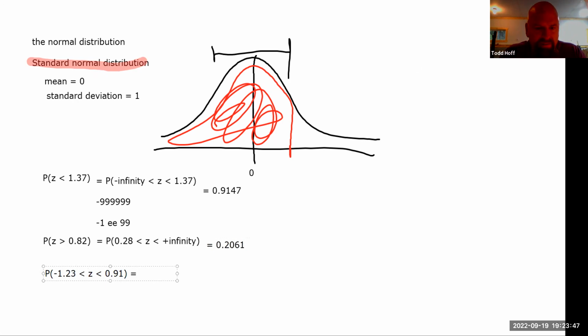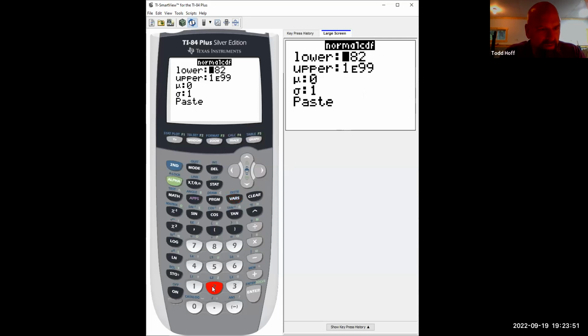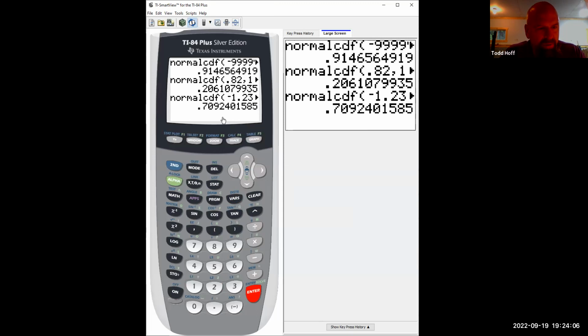So let's just go ahead and do it. Second distribution, normal CDF. We're going from negative 1.23 to positive 0.91. Again, mean is 0, standard deviation of 1. 0.7092.